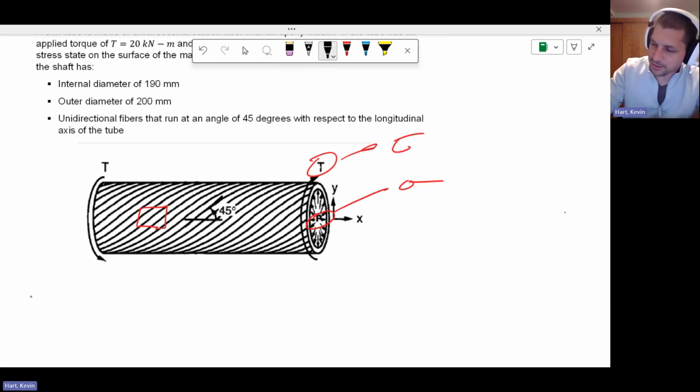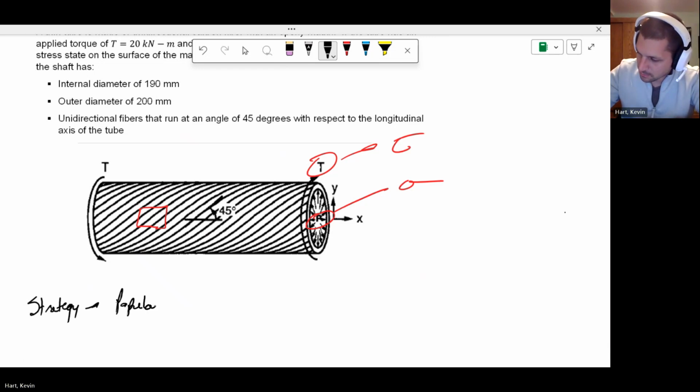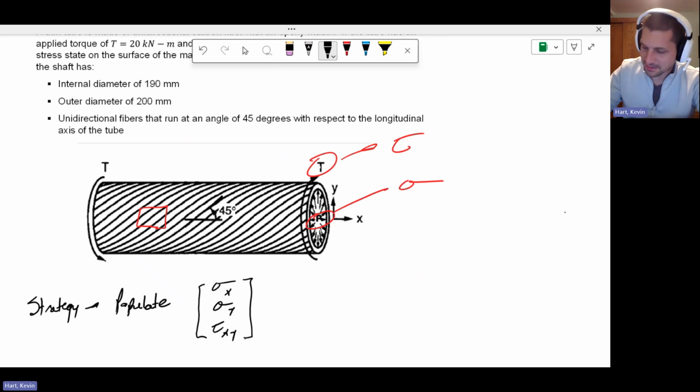So here the strategy is to populate the stress matrix sigma x, sigma y, tau xy, because these are the natural coordinates of the tube.